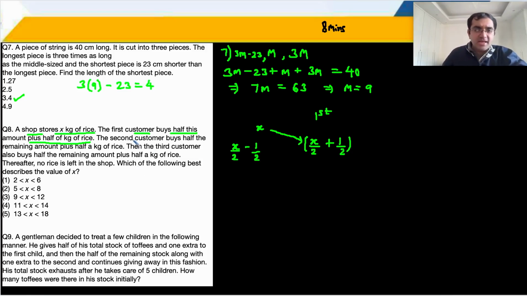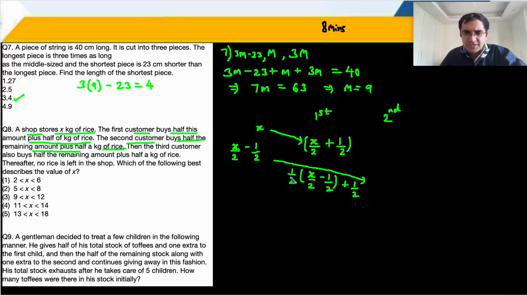Okay? The second customer also buys half the remaining amount plus half kg. So now we go to the second customer. He buys half of, okay, let me write it over here. Half this amount, X by 2 minus 1 by 2. Half this amount plus half kg. Okay? So half into X by 2 is X upon 4.